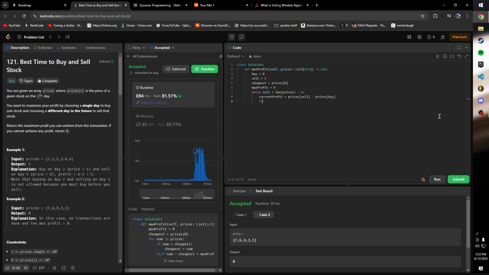And then we say if the current profit is greater than the max profit, then max profit equals current profit.